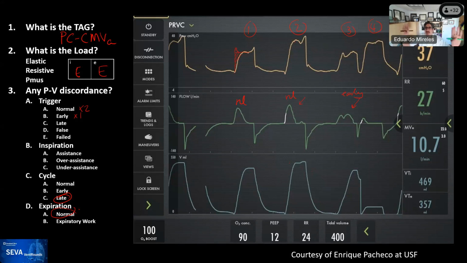So if there's mandatory and there's passive breaths, the pressure that will go for a mandatory breath will be set by one algorithm using the PRBC, and for the spontaneous breath, even though it's mandatory, it's going to be a different pressure.